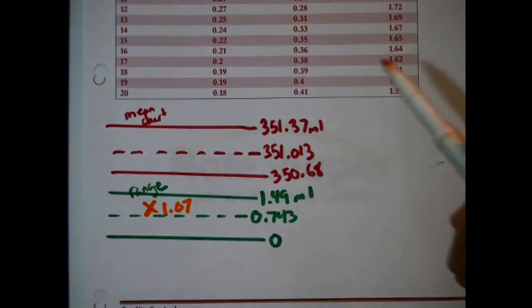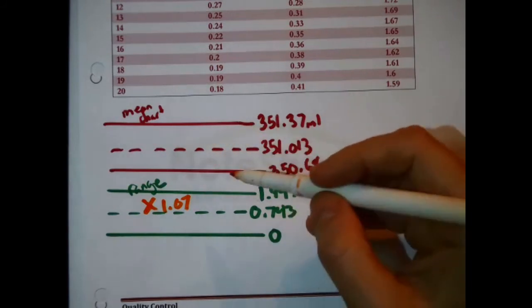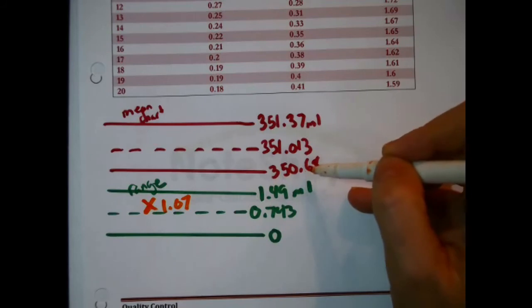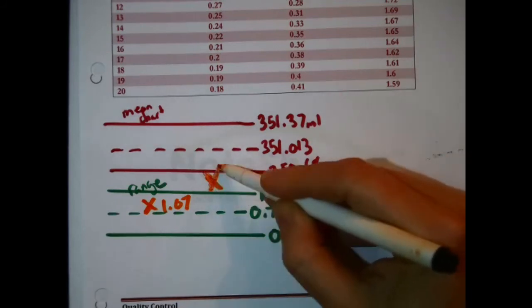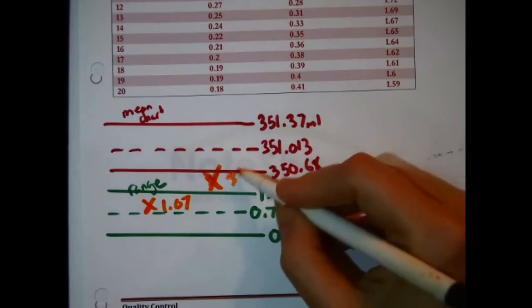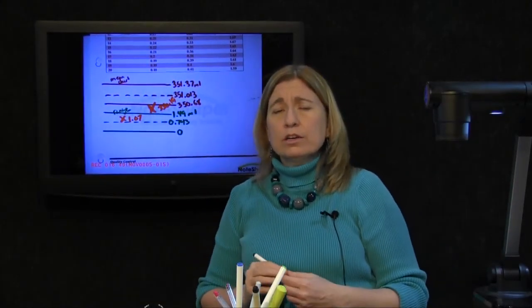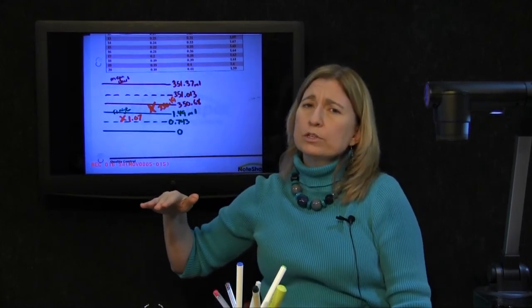But notice that if you were to plot 350.19, the lower limit of the mean chart is 350.68. So that reading, 350.19, is outside the control limits of the mean chart. It is below the lower limit of the mean chart.